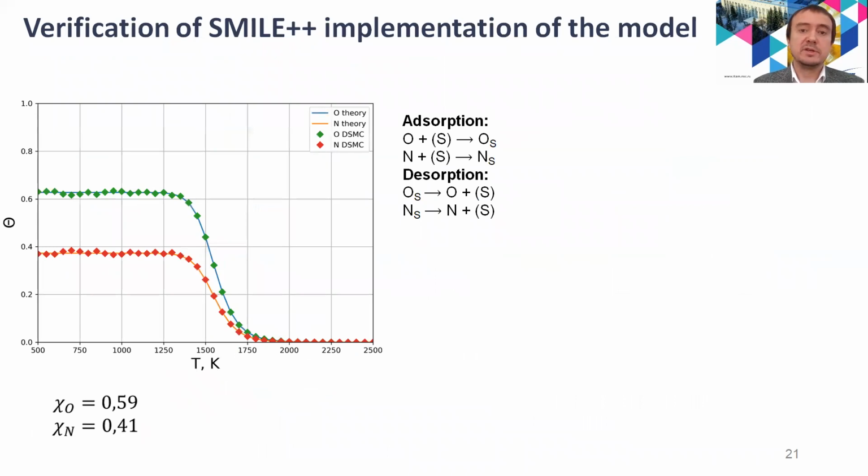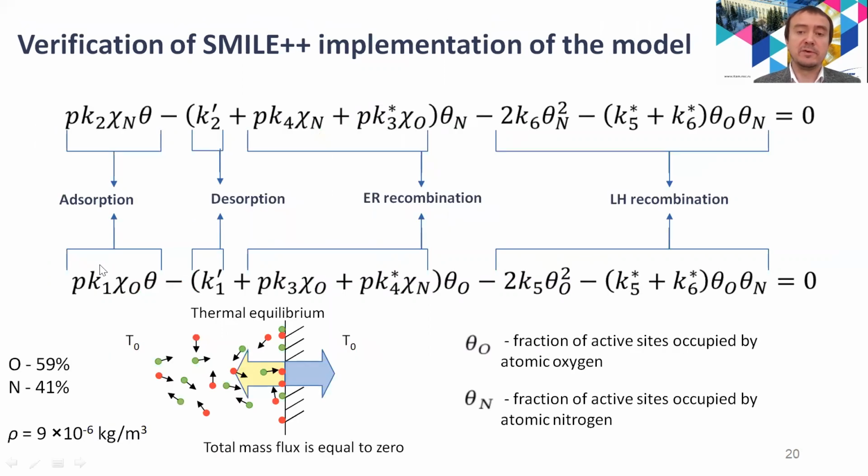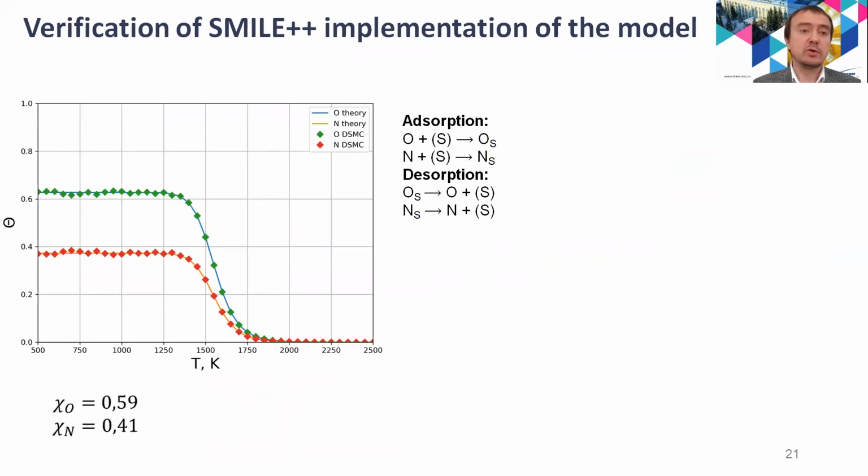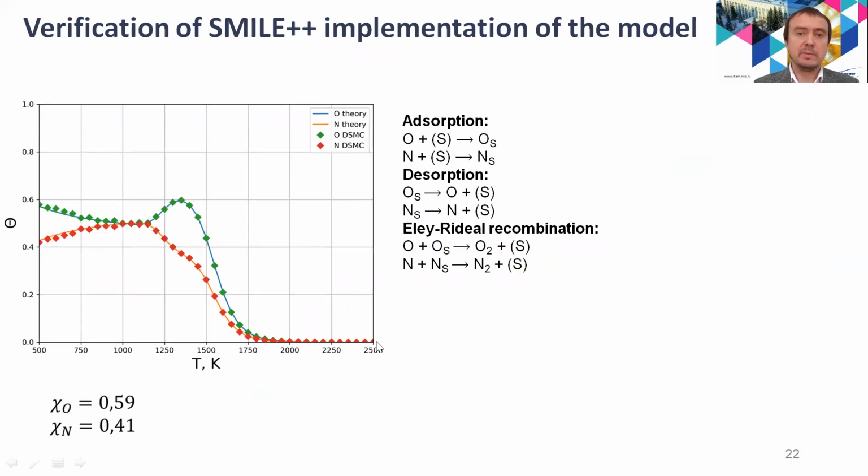And this is the example of the first computation, which involves only adsorption and desorption processes, and we see the perfect agreement in the fractions of active sites occupied by different species in the range of temperatures from 500 K to 2500 K. Then we add the Eley-Rideal recombination, which leads to O2 and N2 production, and again the perfect agreement.